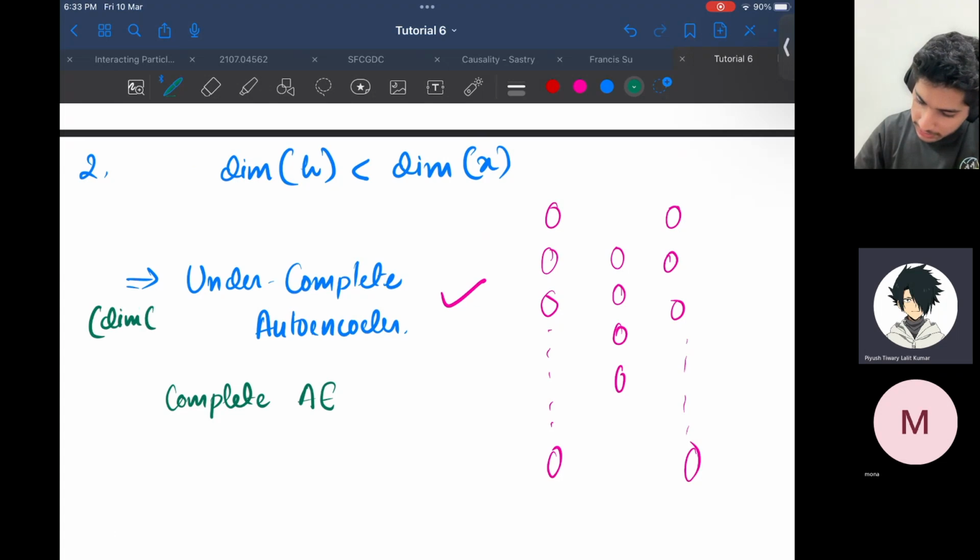Dimension of H. So here I had dimension of H less than dimension of X, the input, right?